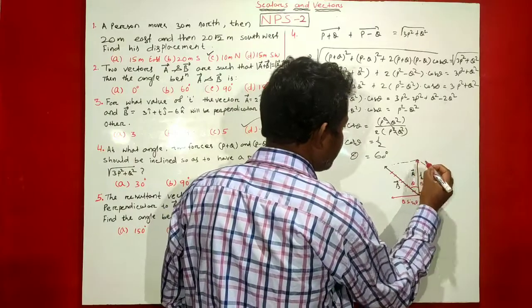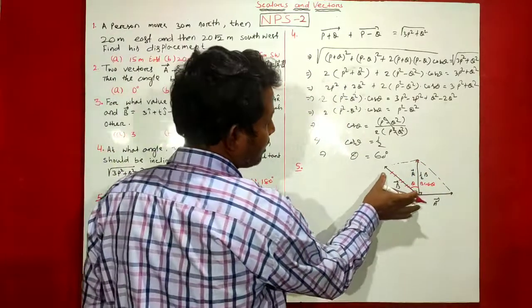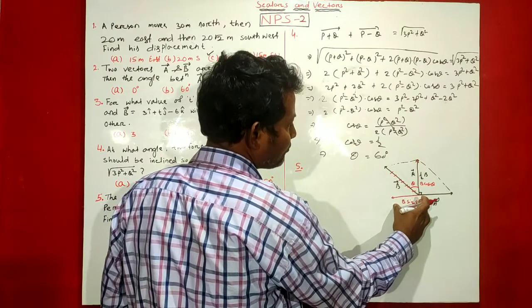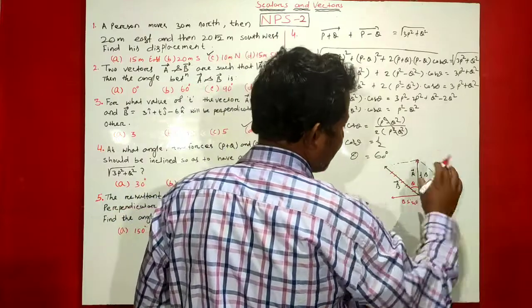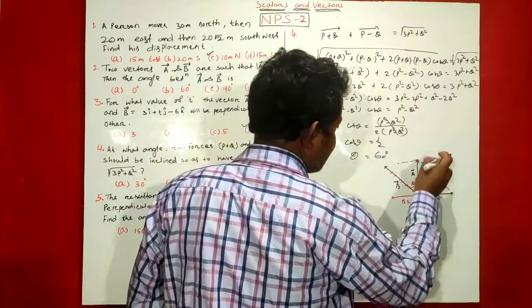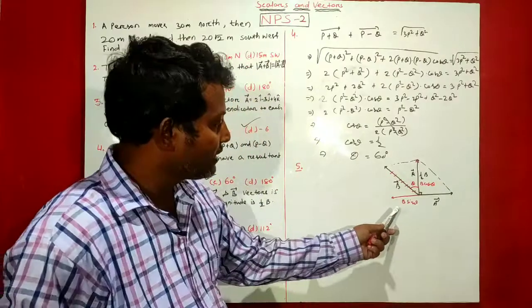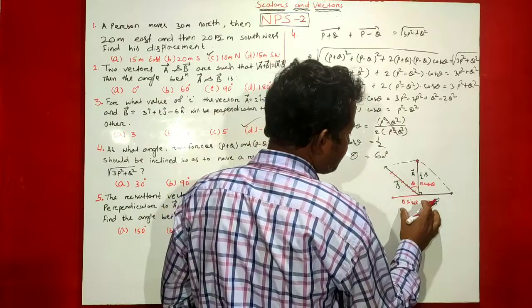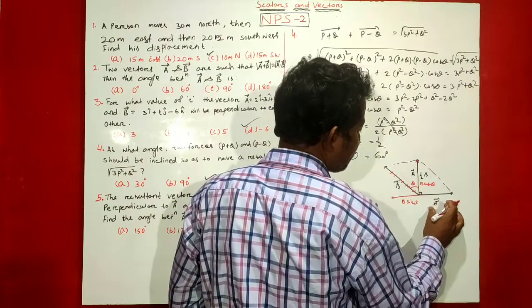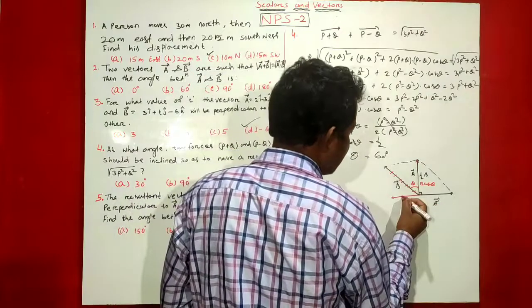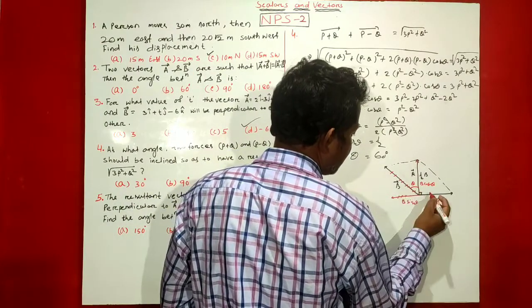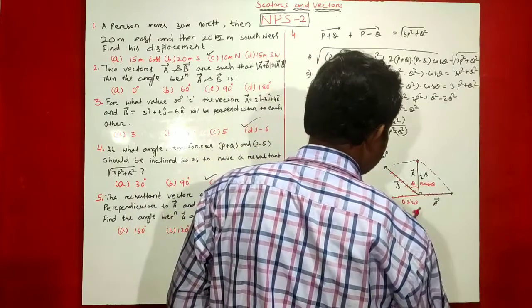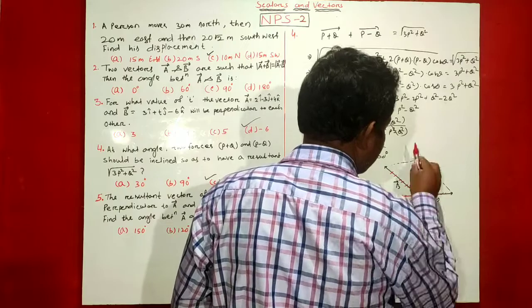We resolve vector B into its two components, along the R and opposite to A. The magnitude of B sin theta is equal to the magnitude of A, which cancels the effect of A. So their resultant will be on this, this is the R.